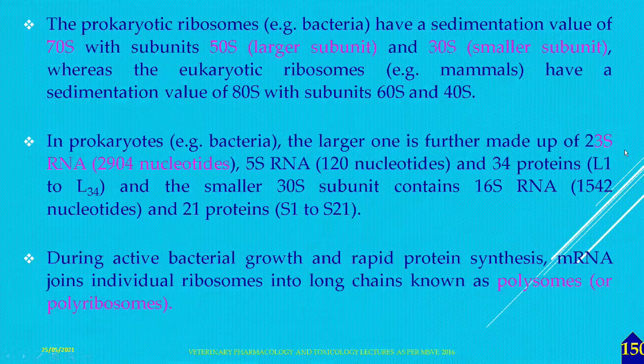The smaller 30S subunit contains the 16S RNA, that's 1542 nucleotides, and 21 proteins, S1 to S21. So there is a difference between the prokaryotic ribosomes and the eukaryotic ribosomes, especially of bacteria.